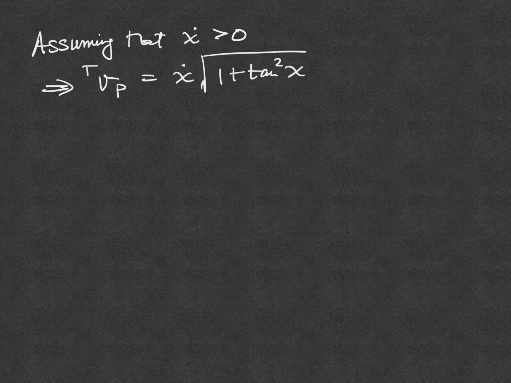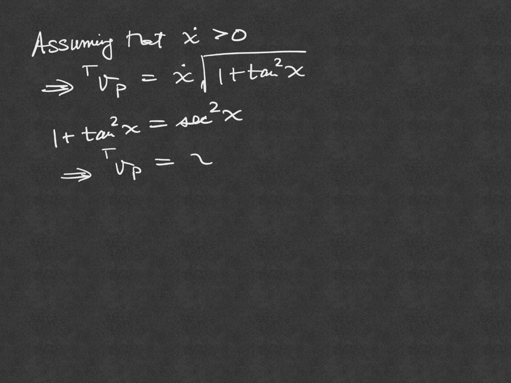But from the trigonometric identities, 1 plus tangent squared x is equal to secant squared x. So that implies that the speed relative to the track is equal to x dot times the secant of x.